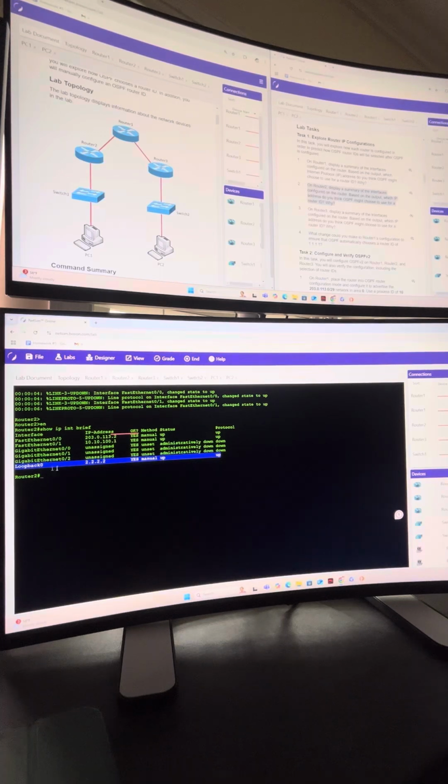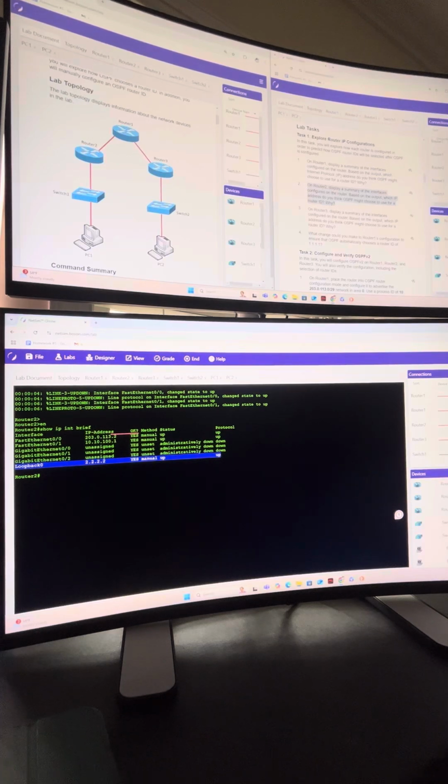So we know that OSPF would choose a stable loopback interface because loopback interfaces are always in the up state, and this will allow OSPF to be in a more stable position, basically. So let's see. I'm going to say 2.2.2.2 would be the router ID that router 2 would choose.